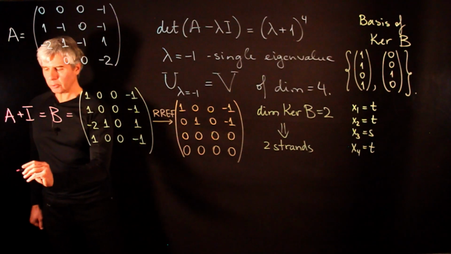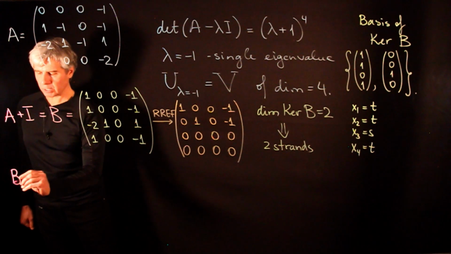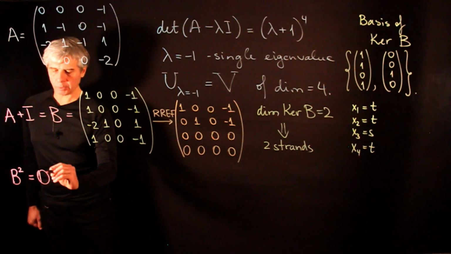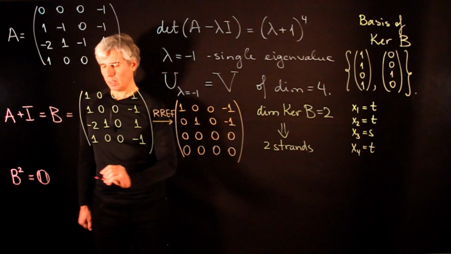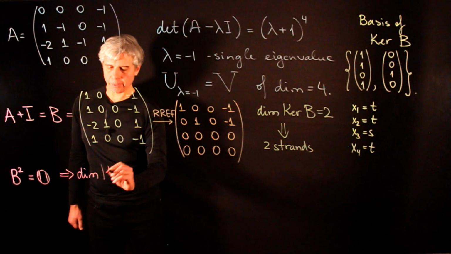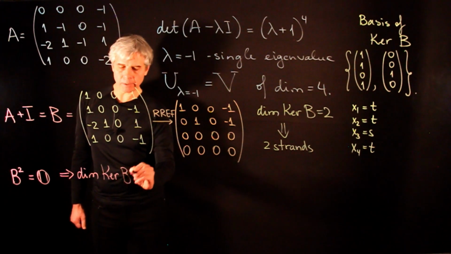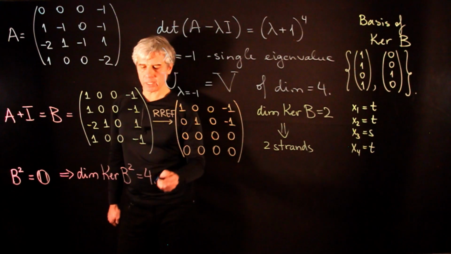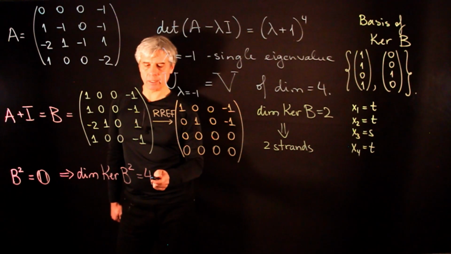Next, we need to calculate the matrix B squared. If we do this, we see that this matrix will be completely 0. This tells us that the dimension of the kernel of B squared is equal to 4. And then we can see what our diagram is.